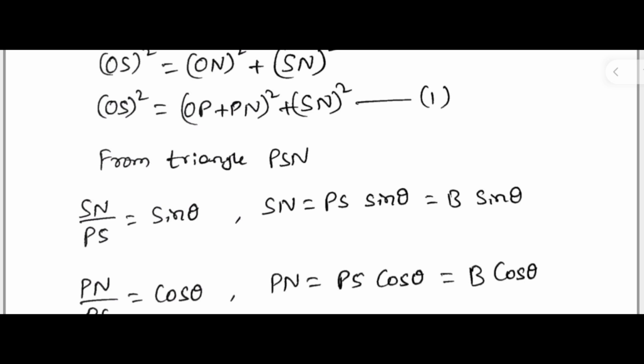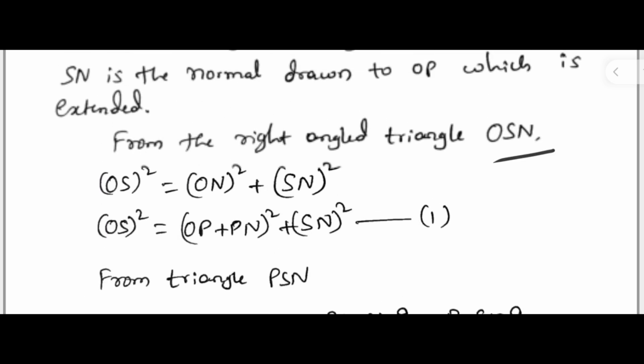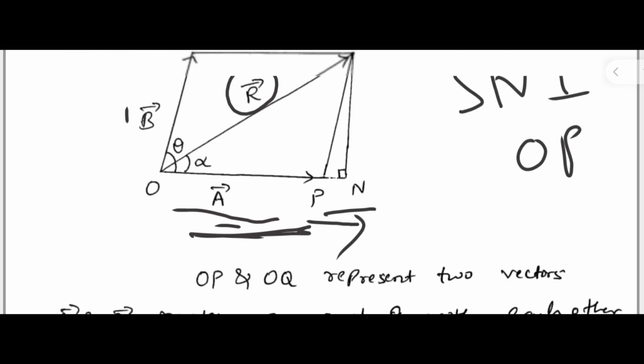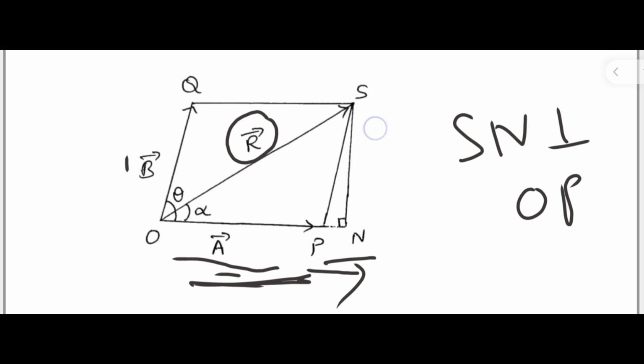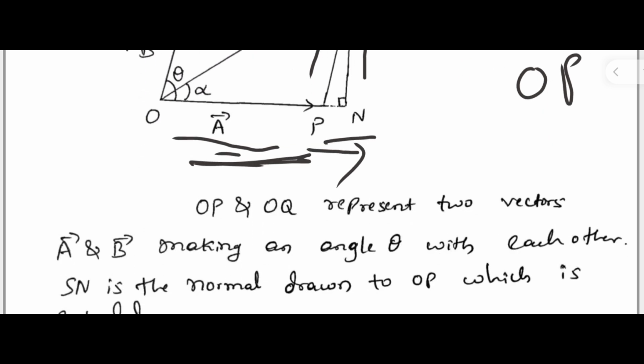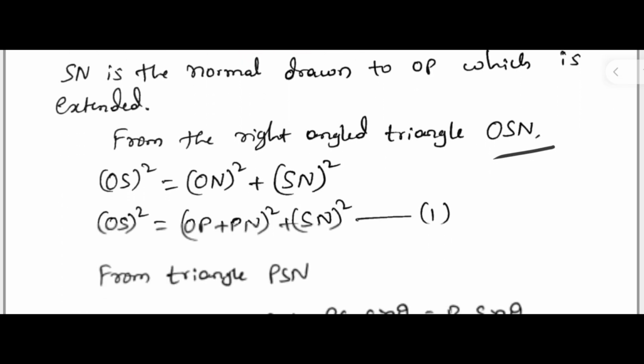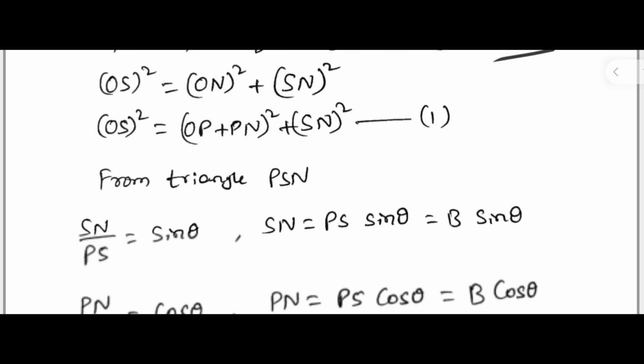Here opposite is SN, and the hypotenuse is PS. So SN by PS equals sin theta. Interchanging the terms, SN equals PS sin theta.